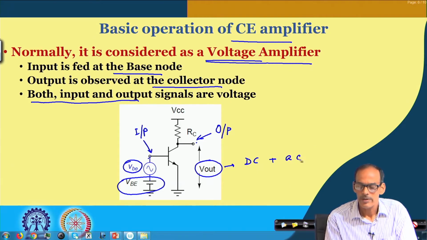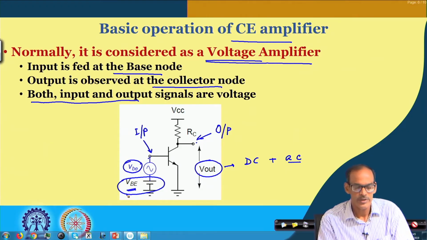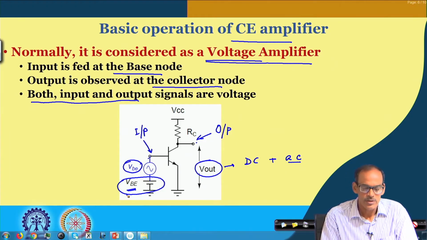So, probably the AC part we can extract, we can block the DC by a capacitor at the output, but typically getting a signal source having a meaningful DC voltage is most of the time not possible and feasible.